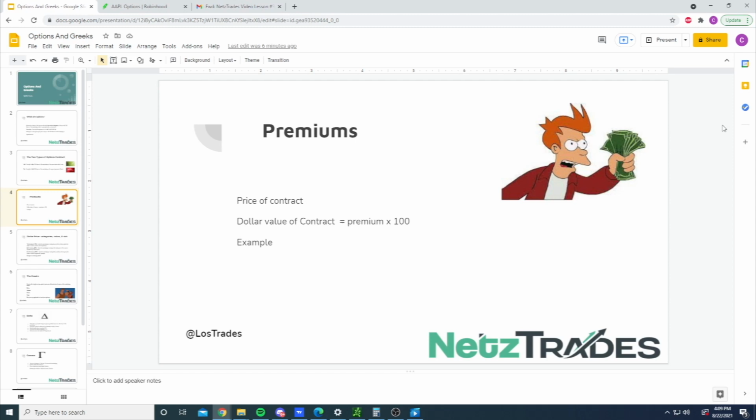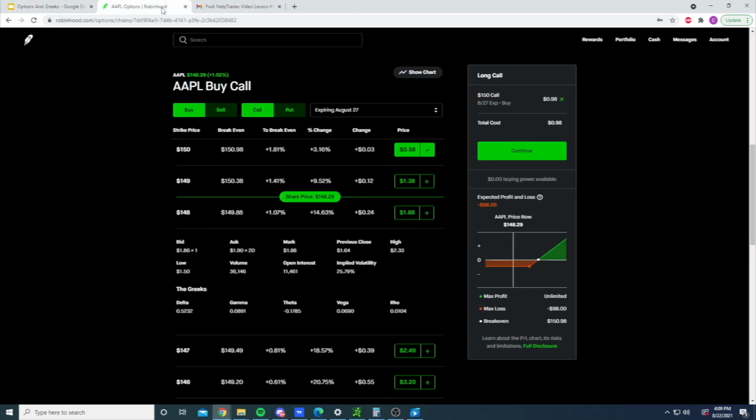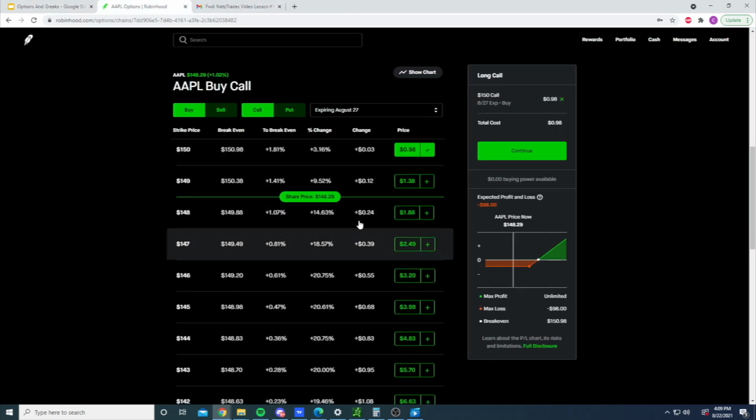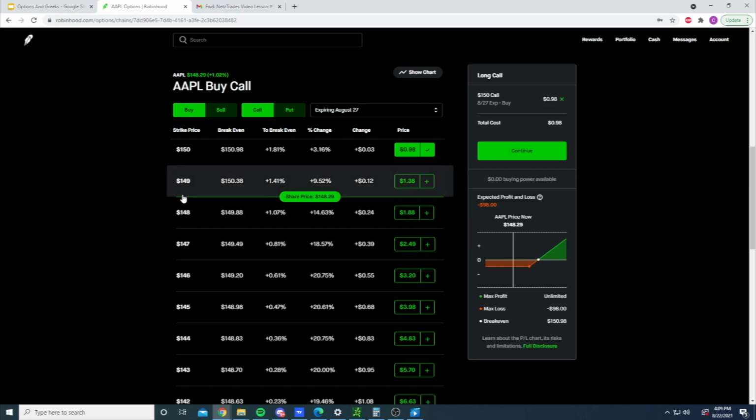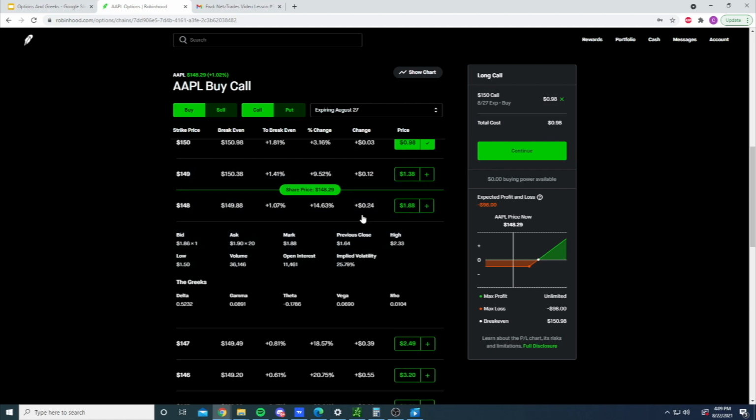Just to give an example, I'm going to pull up Robinhood, and here we have the 148 calls. You can see that the premium here shows at $1.88. For each share of Apple that this call options contract gives you the right to buy, you have to pay $1.88.